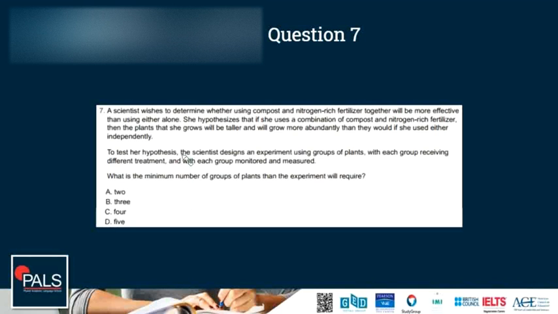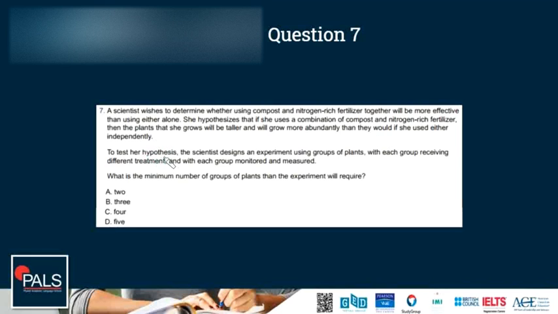Question 7. A scientist wishes to determine whether using compost and nitrogen-rich fertilizer together will be more effective than using either alone. She hypothesizes that if she uses a combination of compost and nitrogen-rich fertilizer, then the plants that she grows will be taller and will grow more abundantly than they would if she used either independently.